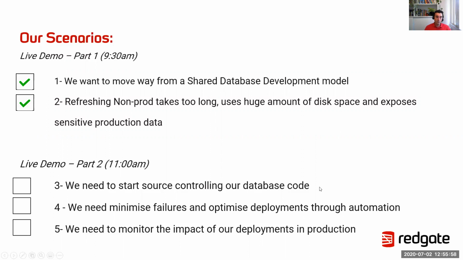So how do we effectively source control our code? How do we minimize failures and optimize deployment? Enough rollbacks. We need to be doing our due diligence before we are in a position where we want to deploy to production.